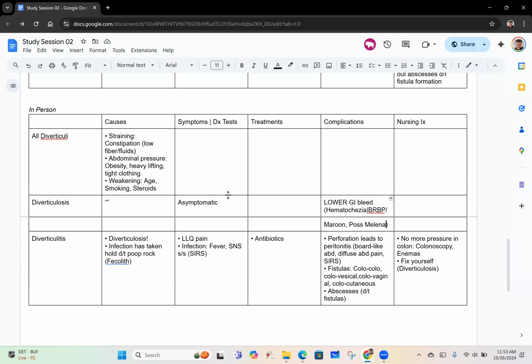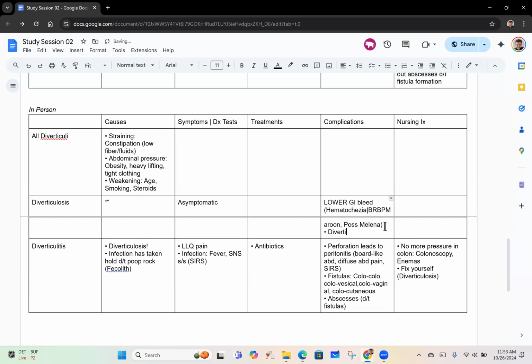Which one is it for? It's actually for both, technically. Usually diverticulitis is kind of a complication of this one. That makes sense, diverticulosis causes diverticulitis. Diverticulitis is a complication of diverticulosis, so that should link up.